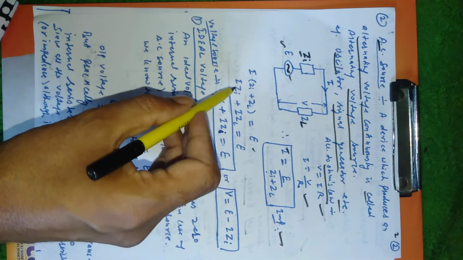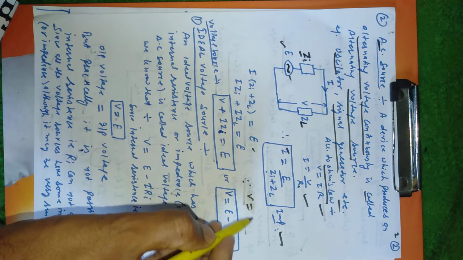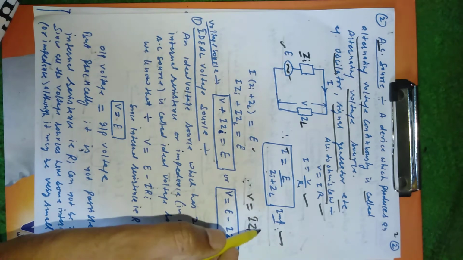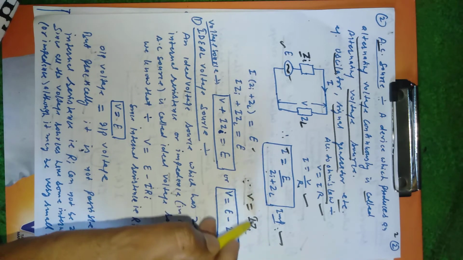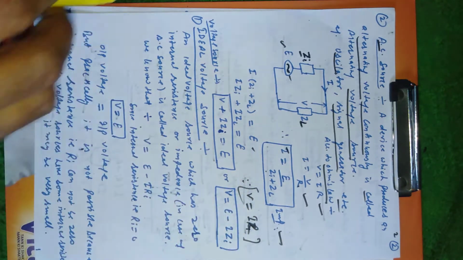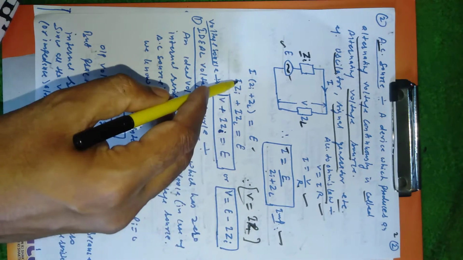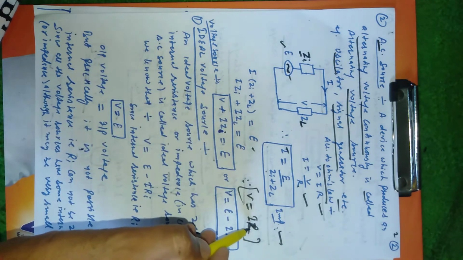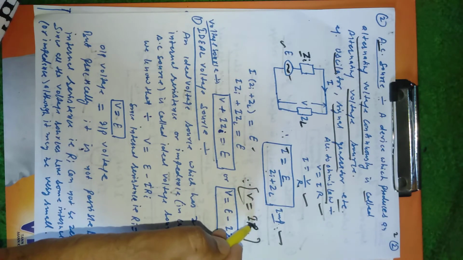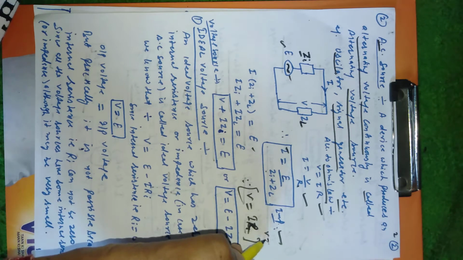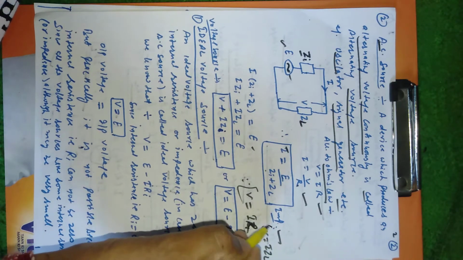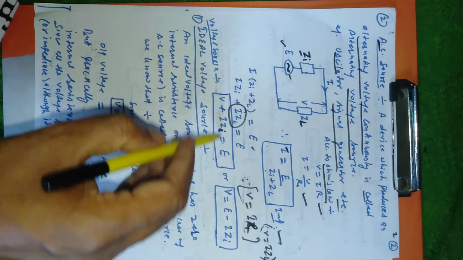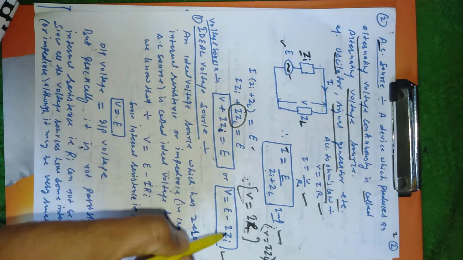We know that V is equal to IZ, so I Zi plus I ZL is equal to E. Here the resistance is replaced with the impedance, so V is equal to I ZL, so I ZL is replaced with the V, and voltage is equal to E minus I Zi.